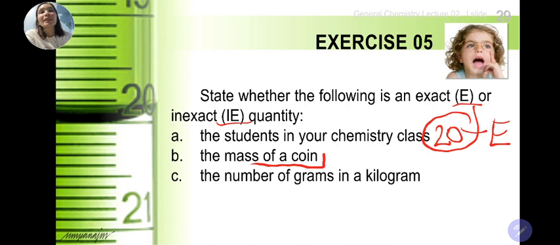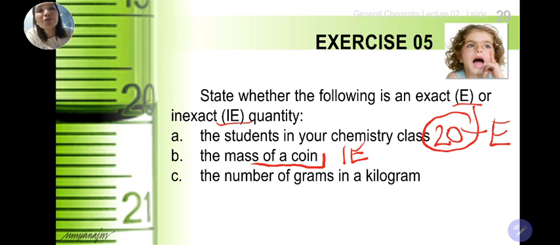Hindi natin alam. It depends dun sa quality ng timbangan na gagamitin natin. Okay? This one is inexact kasi hindi natin siya sigurado, hindi siya pare-pareho, depende sa timbangan na gagamitin natin. And usually, meron yung point-point. Kaya ibig sabihin, inexact siya, hindi siya whole number.